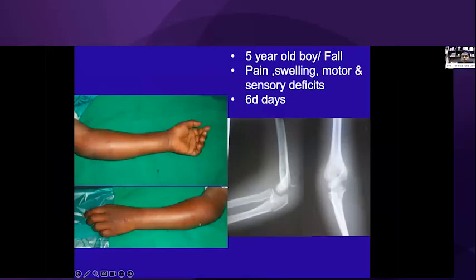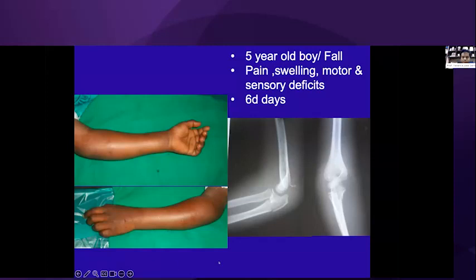The problem is, in the upper limb in children, this is exactly what we see in an emergency room or in any emergency setting. Patients might come with fractures, with pain and swelling and no motor deficit. Say, for example, this patient came to us 6 days after the injury because it was not properly addressed or was inadequately treated by the referral physician.